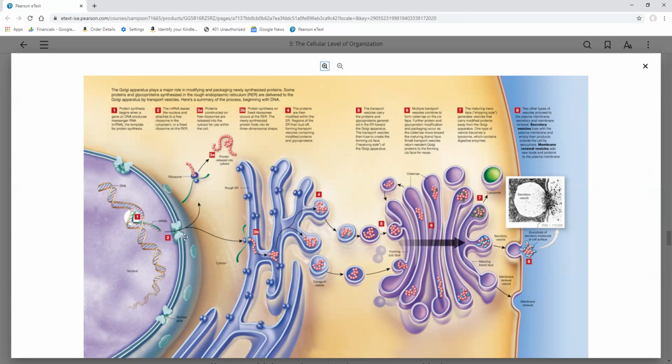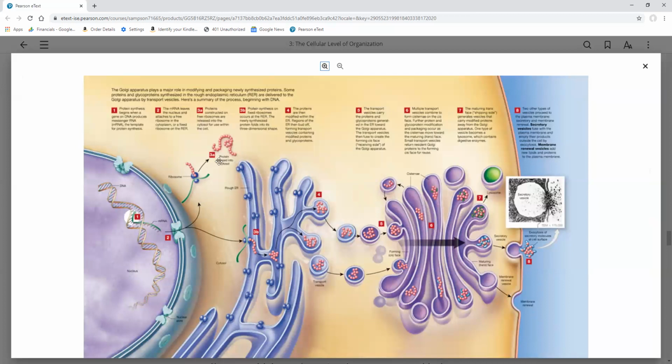Once the messenger RNA leaves, it actually then will go to either the free ribosomes or the fixed ribosomes. Now it can go to either one. And then, using the messenger RNA, it starts creating chains of amino acids, and of course, remember what we said before, the building blocks for proteins are amino acids. So it attaches these amino acids through peptide bonds and creates these chains, which are then proteins.